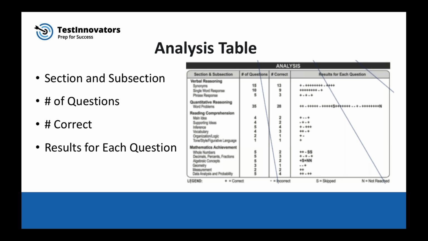So then next to that, there's the results for each question. And there's a legend down below that shows what each of the little symbols mean there. So there's correct, incorrect, skipped, which means you didn't answer it, and then not reached, which means you didn't get to it.